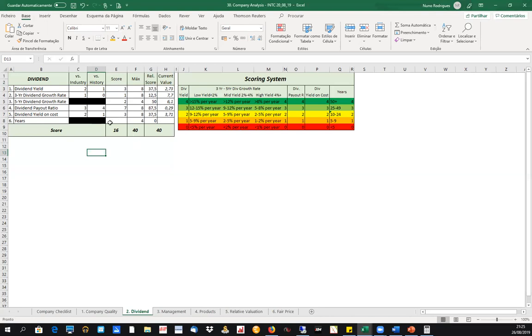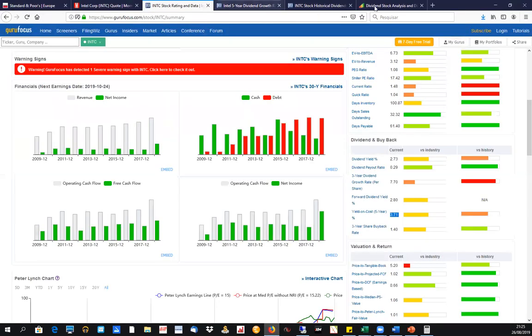Now let's take a look at how long Intel has been paying its dividend. There are many free resources where you can check this information, but you can use DV data.